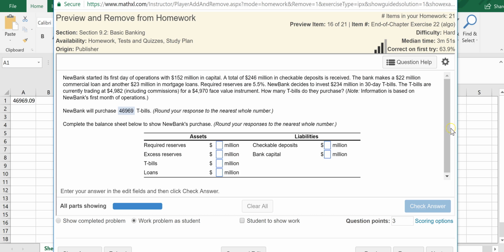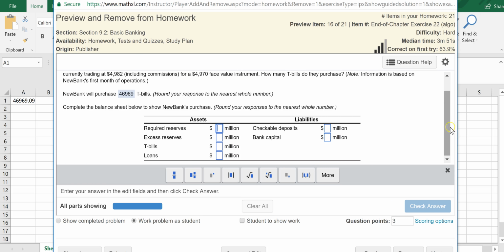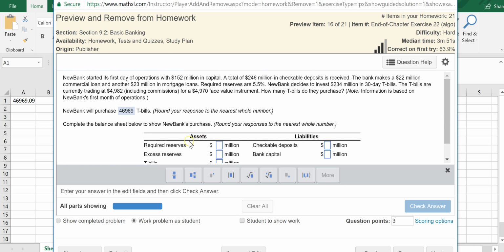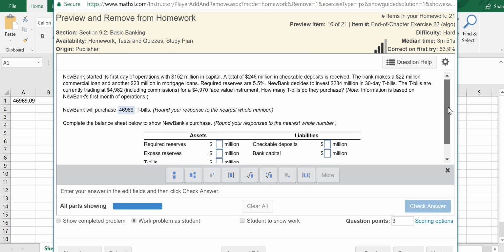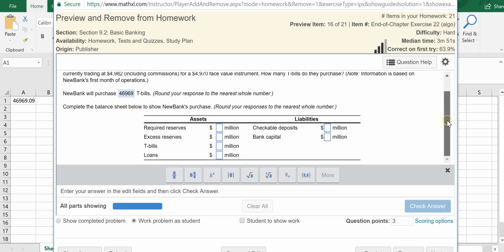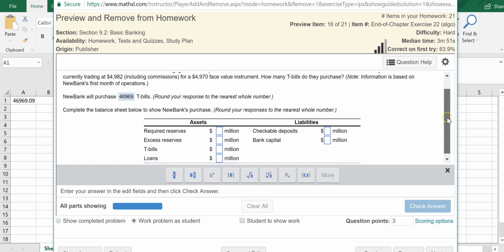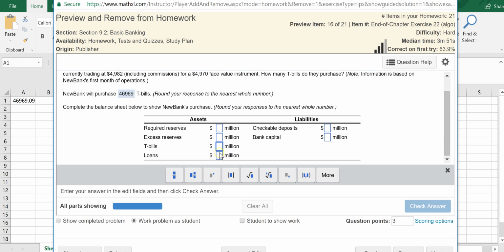So the second part involves more calculations, but first we need to see the second part: complete the balance sheet below to show new bank's purchase. So the T-bills, first we can show the T-bill purchase. That's on the asset side, right?